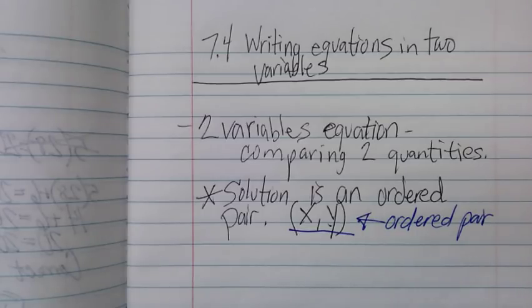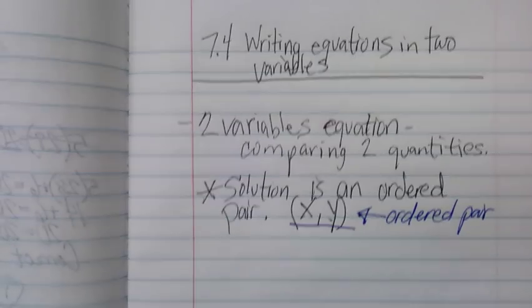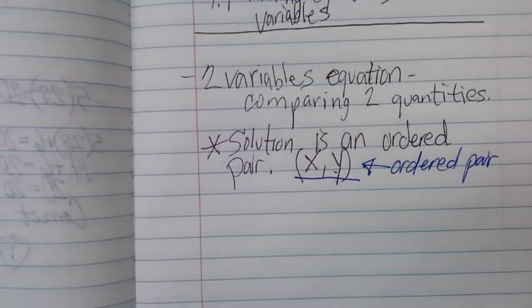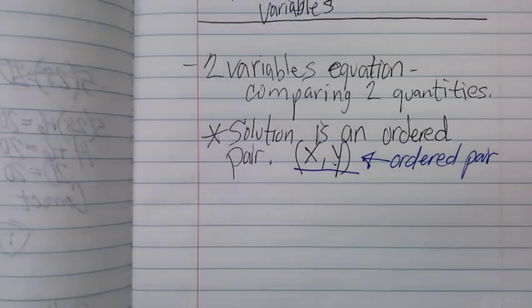Alright, two very important things for writing equations with two variables is understanding the difference between independent variables and dependent variables. So something that is independent is going to act by itself, like saving a certain amount of money. If I save $5 every week, that is an independent variable. Then the dependent variable, which relies on me saving that $5 each week, would be the total amount of money saved.